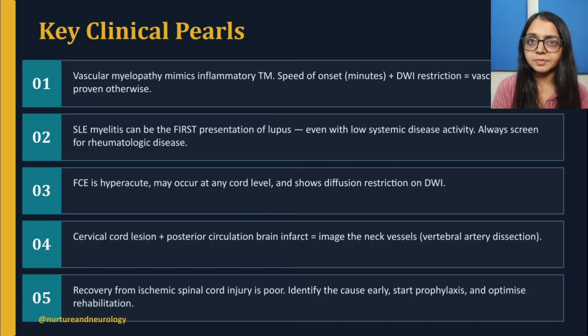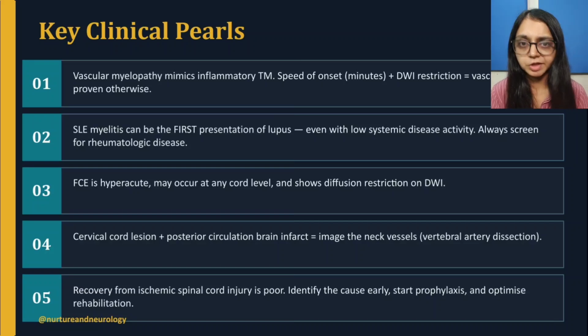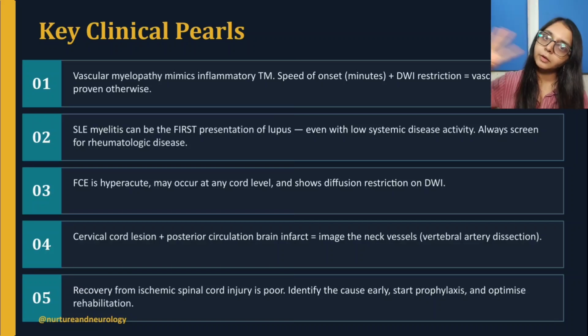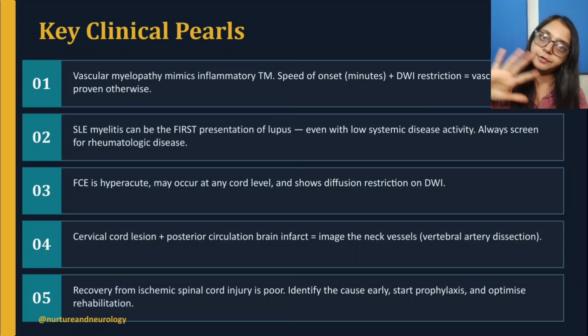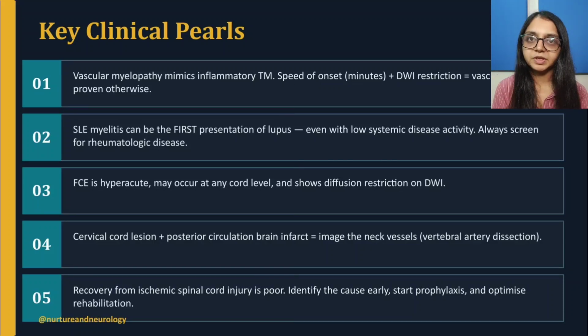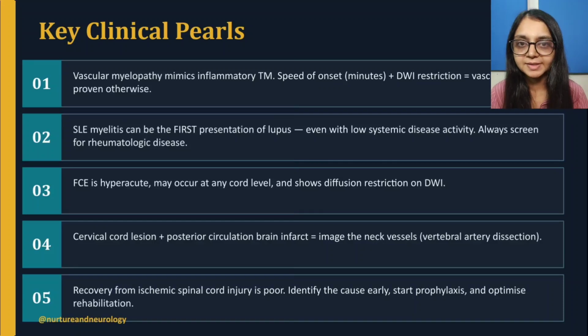Fibrocartilaginous embolism is hyperacute, can occur at any cord level and DWI shows diffusion restriction. 4. Cervical cord lesion plus posterior circulation brain infarct: think vertebral artery dissection. Image the neck vessels. 5. Recovery from ischemic spinal cord injury is poor. Identify the cause early, start prophylaxis and optimize rehabilitation.